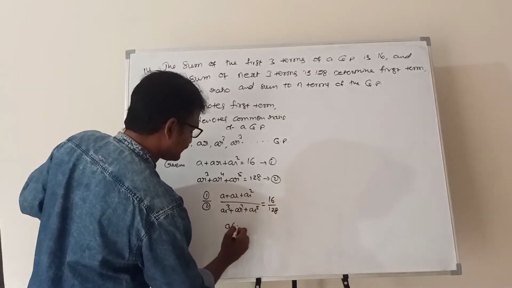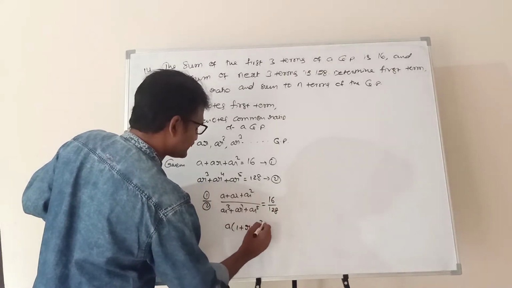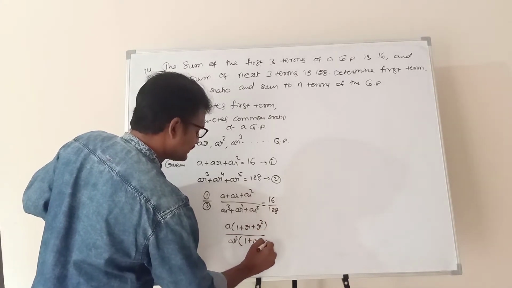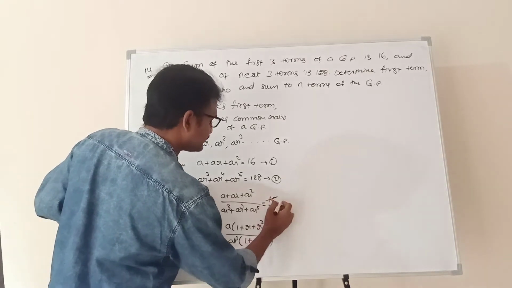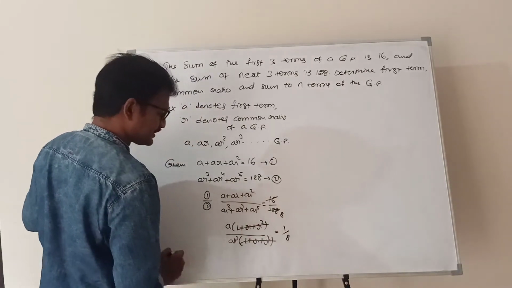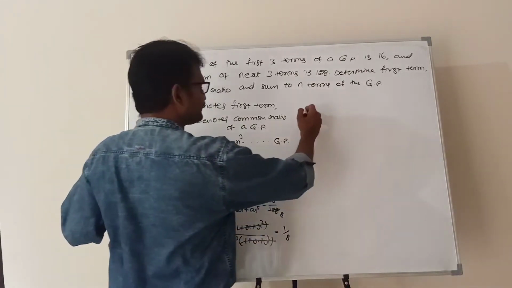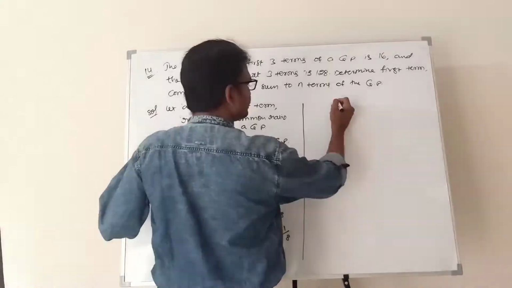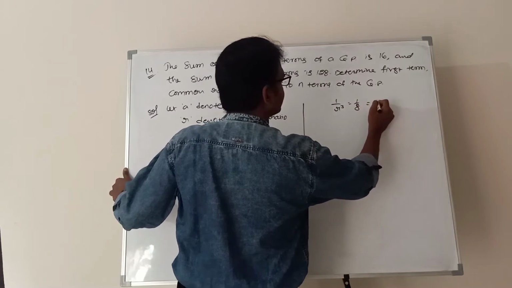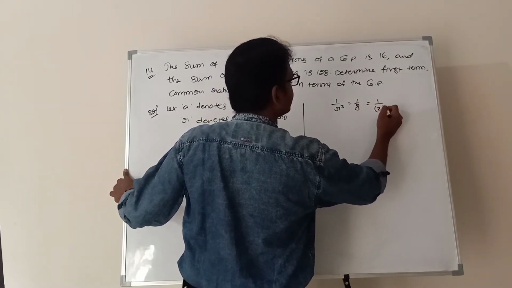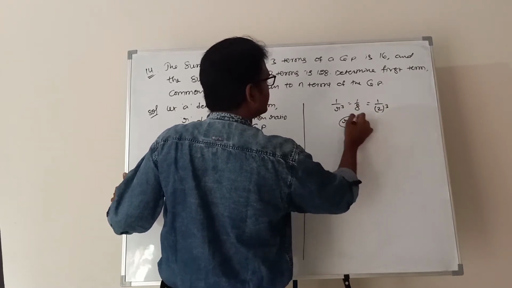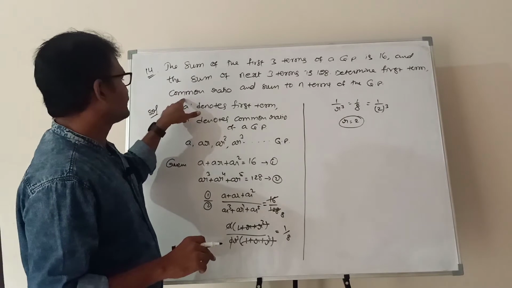If you take a common, and in the denominator take ar cube common, 1 plus r plus r square is equal to 1 by 8. 1 plus r plus r square gets cancelled, a gets cancelled. So 1 by r cube is equal to 1 by 8. 1 by 8 we can write as 1 by 2 whole cube. Comparing LHS and RHS, what is r? The common ratio value is 2.